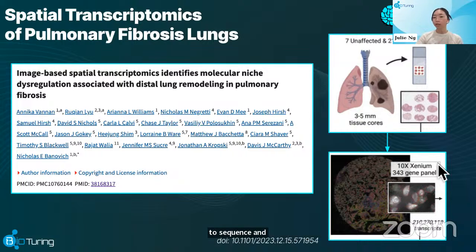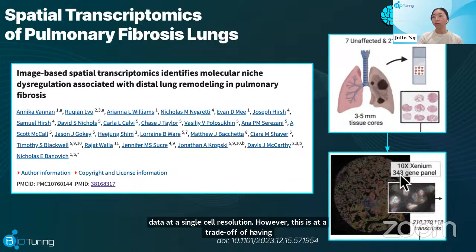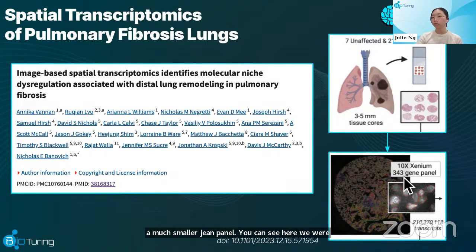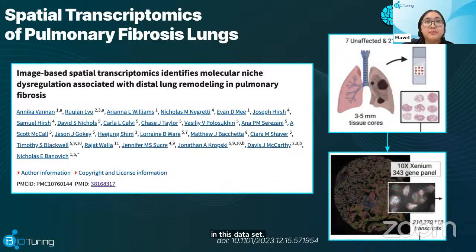Because we use Xenium, we have this data at single cell resolution. However, this is at a trade-off of a much smaller gene panel. You can see here they were only able to detect 343 genes within this data set. We will talk about this limitation in the gene panel of Xenium a little bit later in this session.